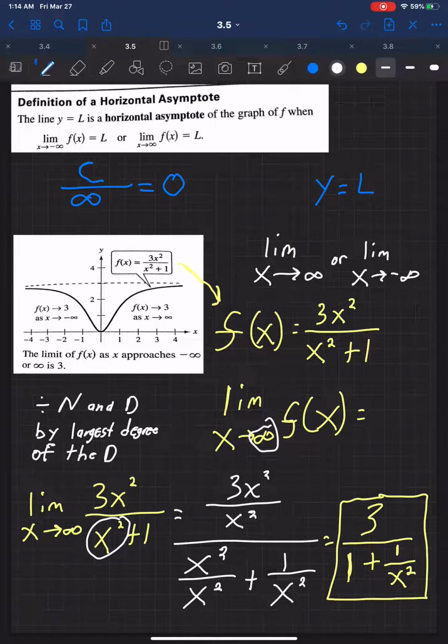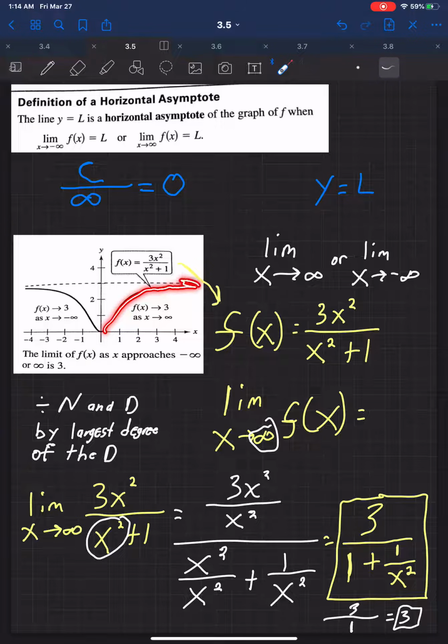So this ends up being 3 over 1 plus 0, or 3. And look at what your graph here is approaching. The horizontal asymptote is also at 3.